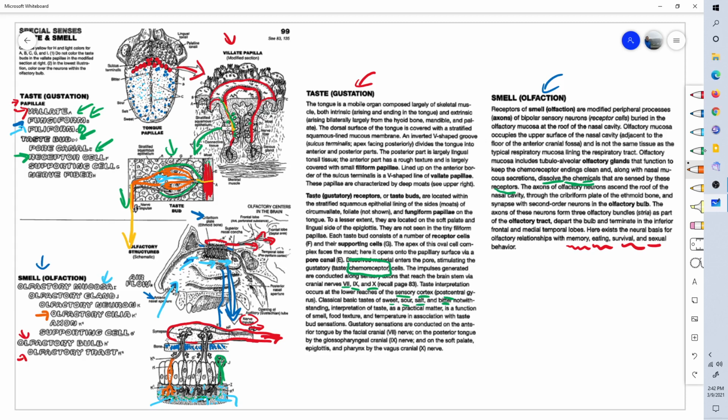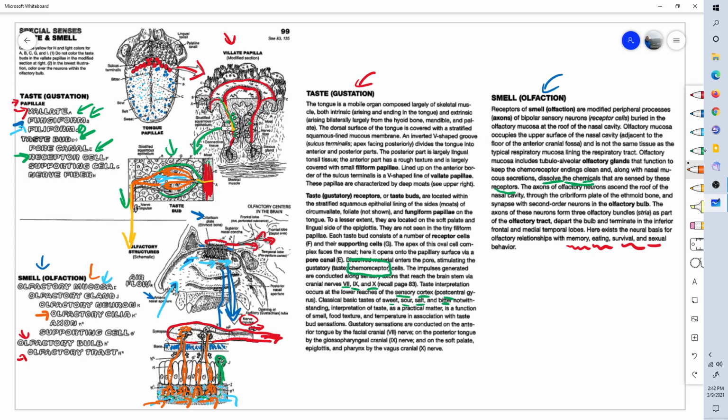The nucleus, the primary neuron, synapsing here with a secondary neuron in the olfactory bulb. And you can see another olfactory neuron with its cilia, picking up the sensations as they fly by the nasal mucosa, or the olfactory mucosa.